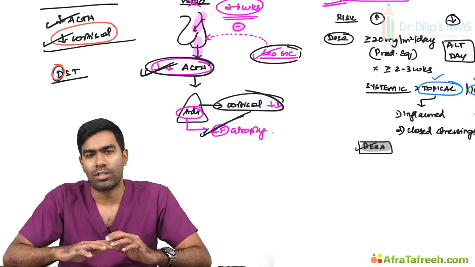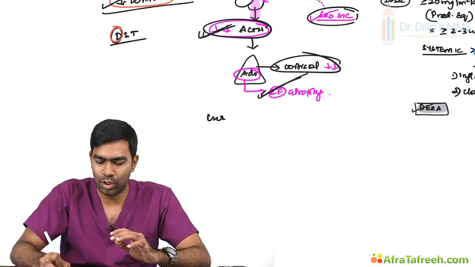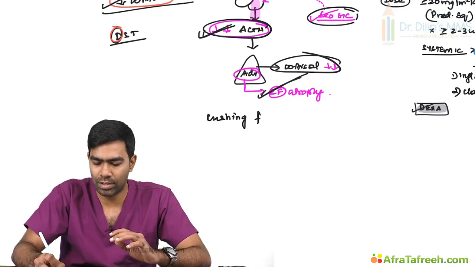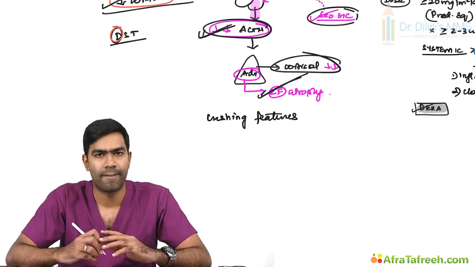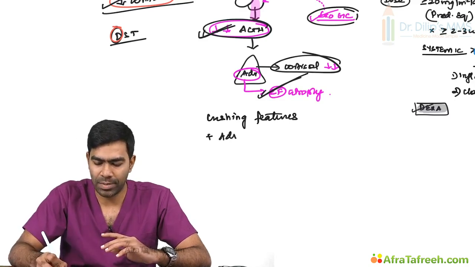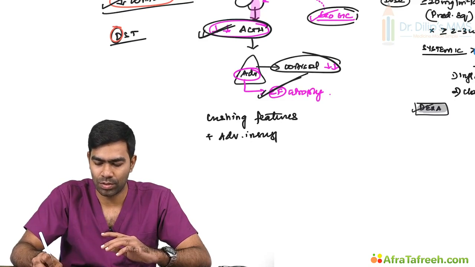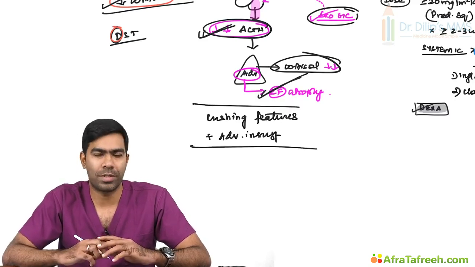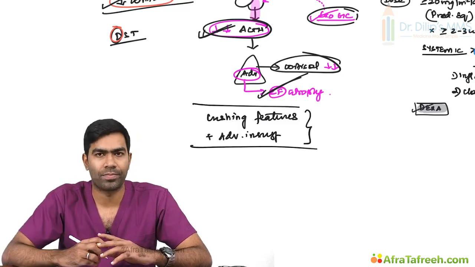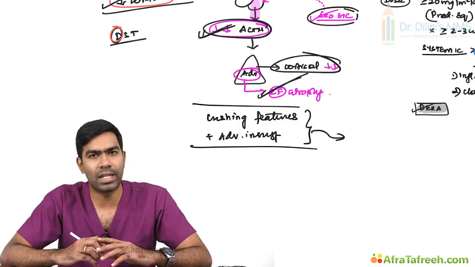All right. Suppose a patient is having Cushing's syndrome features, plus they are coming with adrenal insufficiency features also. This is a very common scenario, in fact. What will you interpret? It is very simple.